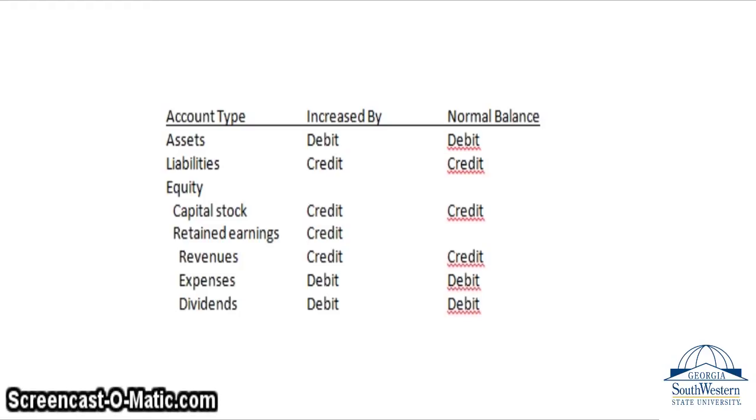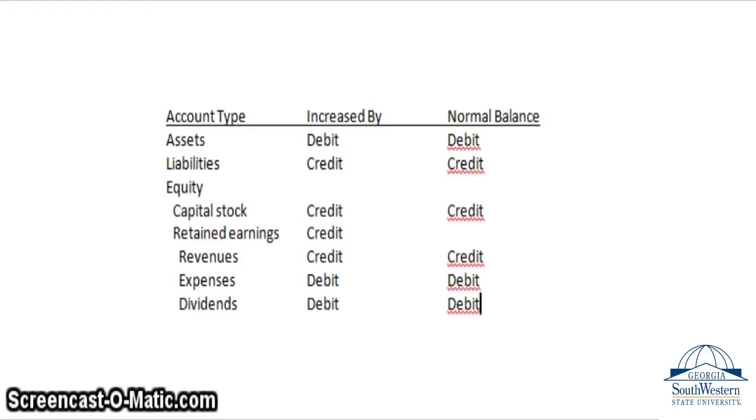That would actually mean that you were overdrawn on your checking account, for instance. So you, again, don't expect to see cash that way. The normal balance is a debit. If we saw equipment, which is an asset, and it had a credit balance, I would know right away something was wrong there. I need to look at that. Okay? Normal balances. Whatever you increase the account by, that is the normal balance.